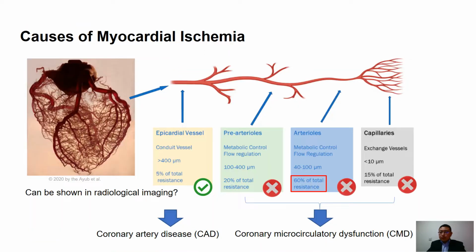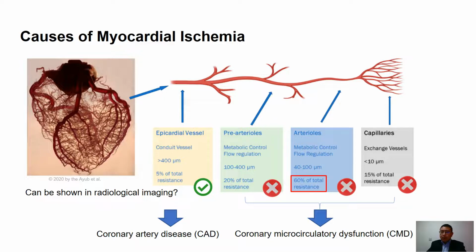To figure out the causes of myocardial ischemia, let's have a brief look at the anatomy of coronary circulatory system. The epicardial vessels branch into prearterioles and arterioles, which consist the majority of flow resistance in coronary circulation.